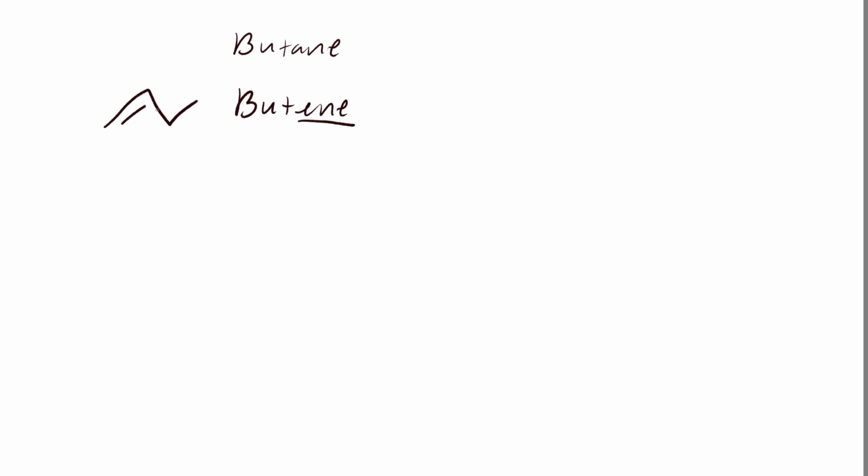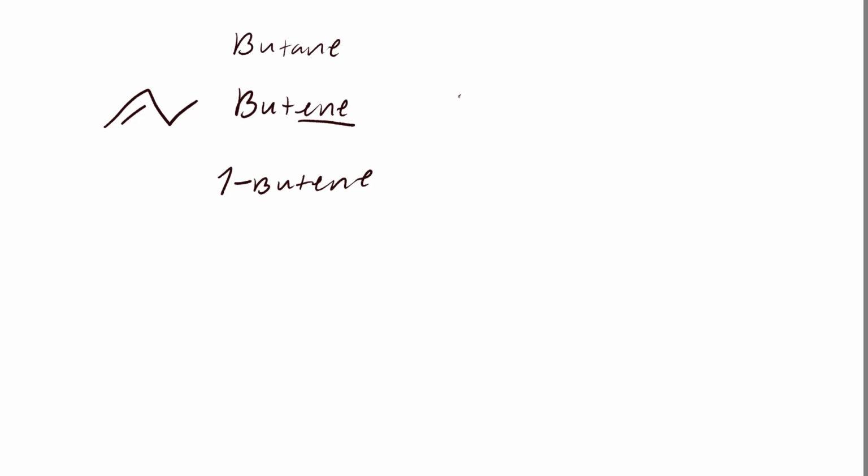So when you're numbering, you want to pick the number at which the double bond starts. So this is going to occur at carbon 1 and carbon 2. We will say that this right here is a 1-butene.